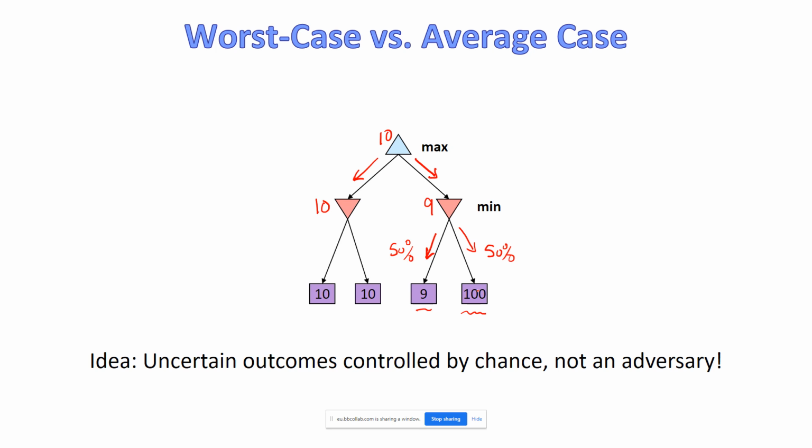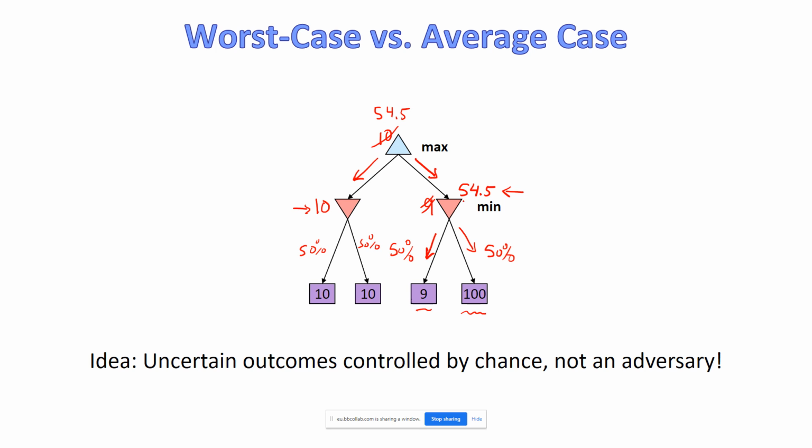So the average of 9 and 100 is not 9, it's 54.5. So on average, we will get 54.5. Here on average, we will get 10. And even if it's 50% here also and 50% here, we'll always get 10, right? So the average value here is 10. The average value here is 54.5. So the value here will be 54.5.